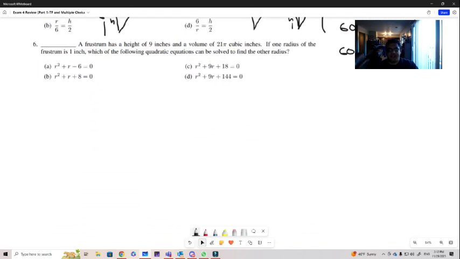Now, the last scenario, we have a frustum, and if you remember what a frustum is, essentially you have a cone, and what's happening is that I remove one of the parts of the cone, like the peak of the cone.